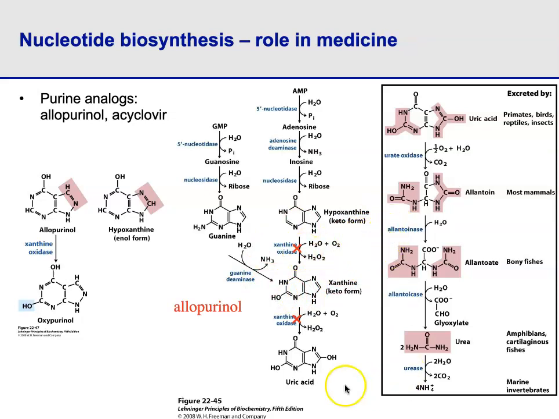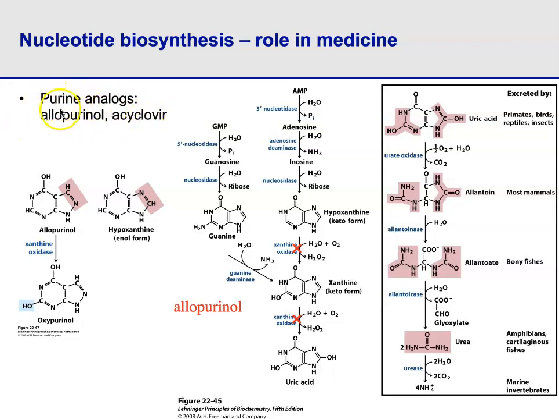Now, some would say, well, why do we want to stop uric acid production? Well, this is especially helpful to people that have gout, for example. You can also see that acyclovir is another one of those nucleotide analogs that is used as an antiviral medication.